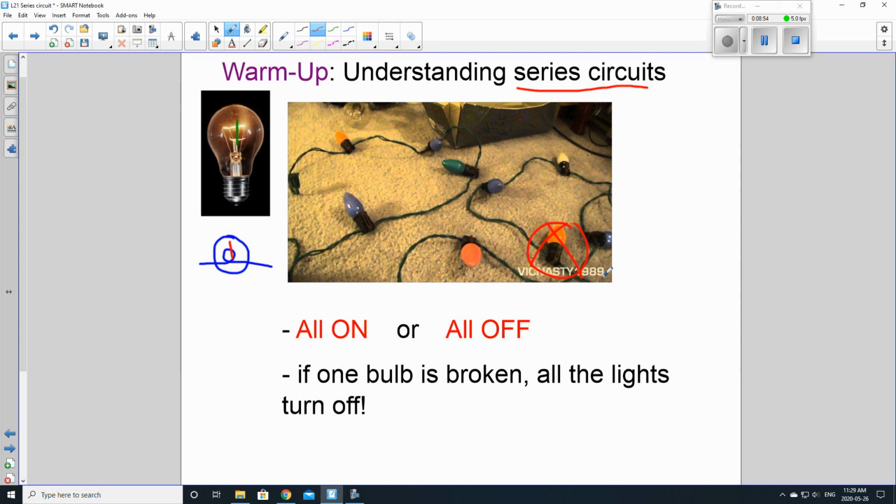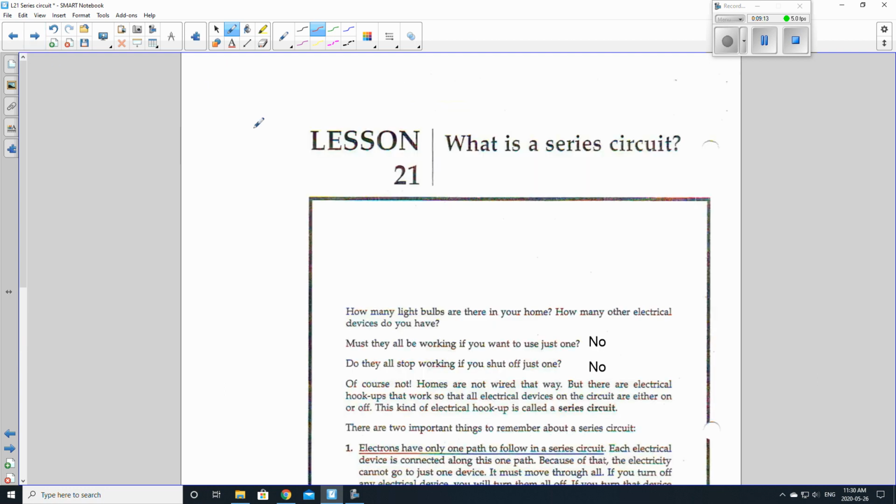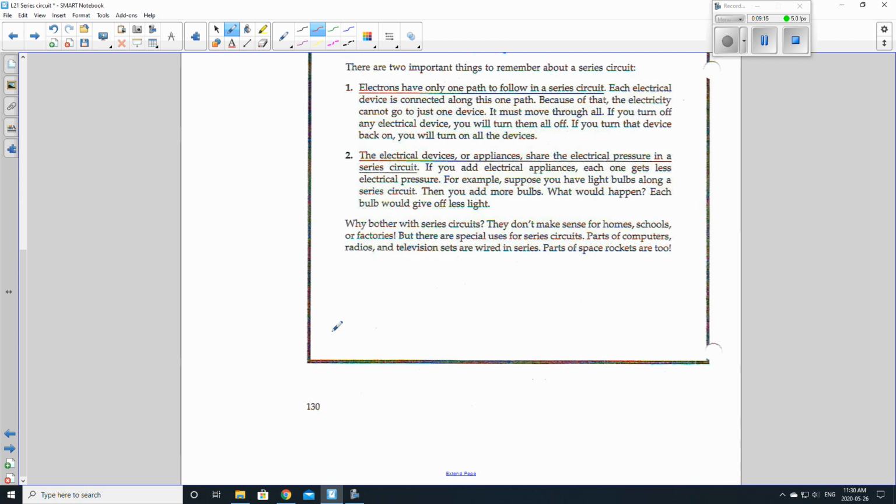I don't want to go into all that. But the idea here is that with parallel circuits, which we're going to learn about next class, this sort of problem doesn't happen. They were trying to save on metal wiring, which is why they did this in series circuits. Okay, let's keep going. Let's turn to page 130.